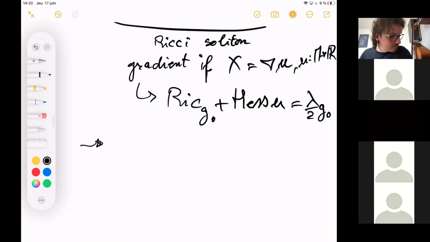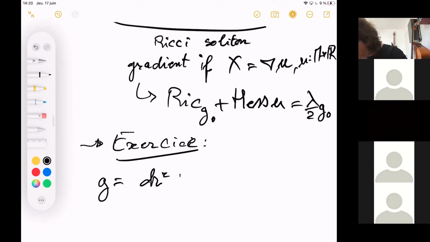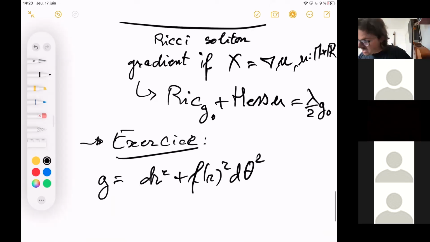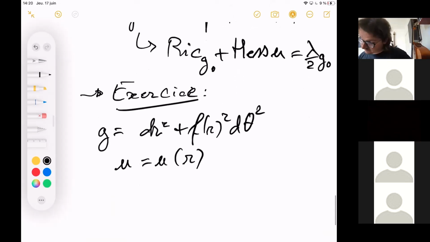And this allows us to build more examples of solutions. For instance, you can look at surfaces, maybe as an exercise if you want to get a feel for computation with the Ricci flow. Assume that g is of the form dr squared plus f of r squared d theta squared, so you write that in polar coordinates, and u is a function of r only.